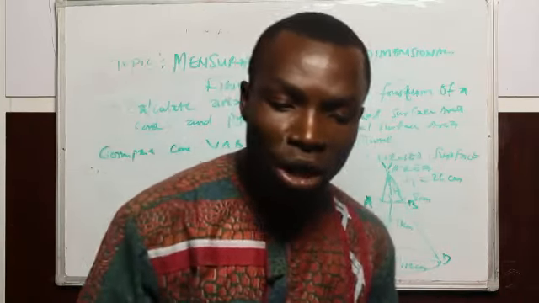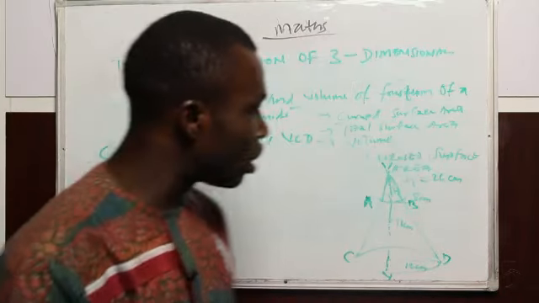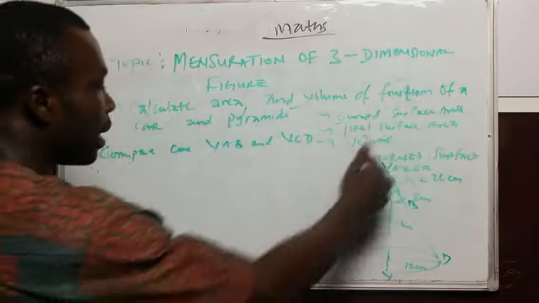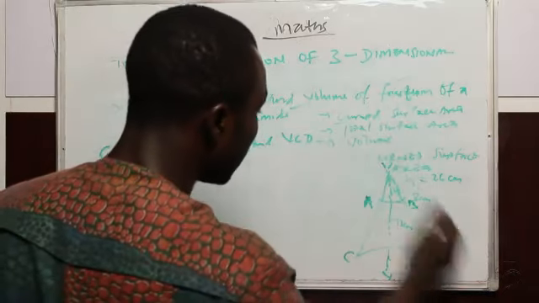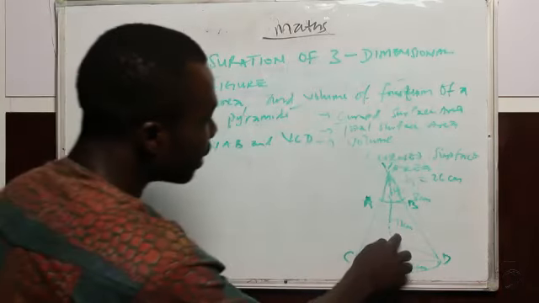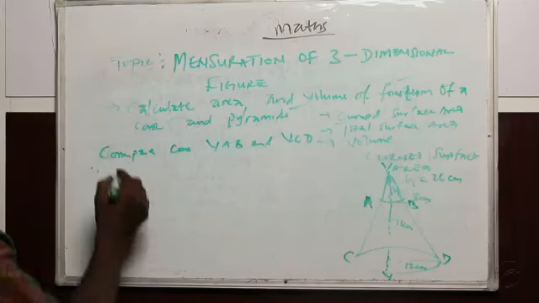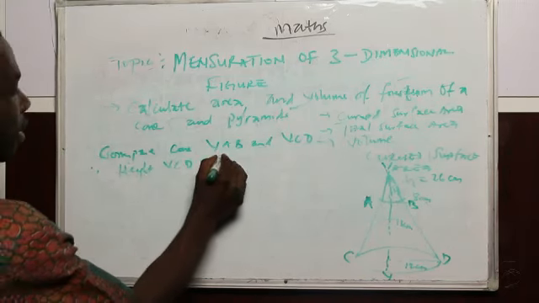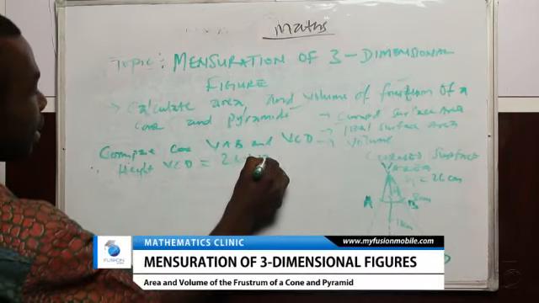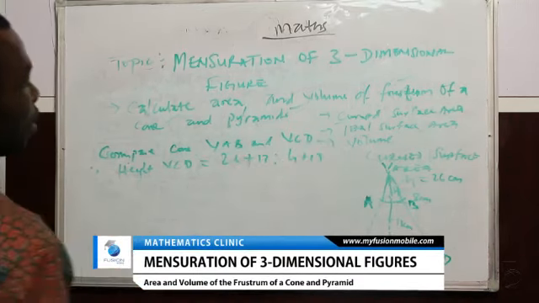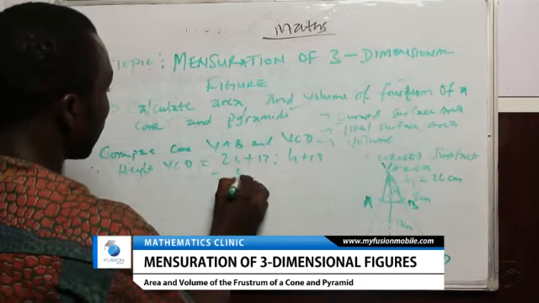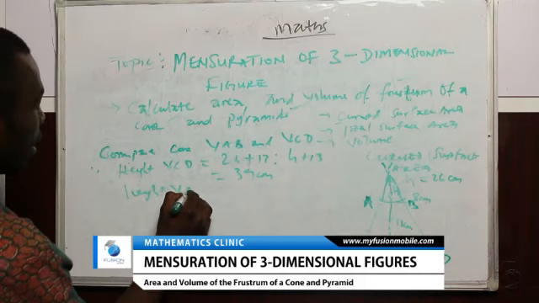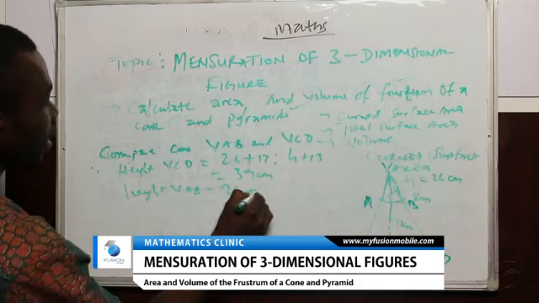So now, how do we proceed? Hence, we discover that the height of phi AB is 26 centimeter. The height of phi CD is now going to be 26 plus 13, that is H plus 13, which is equal to 39 centimeter.